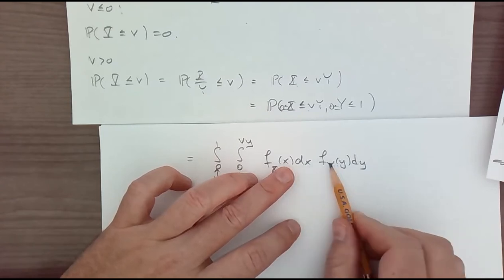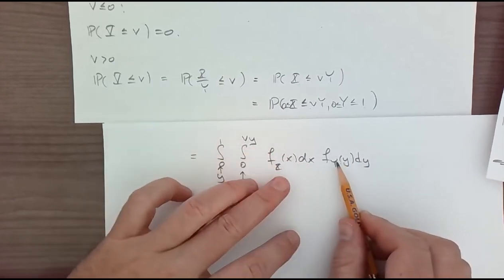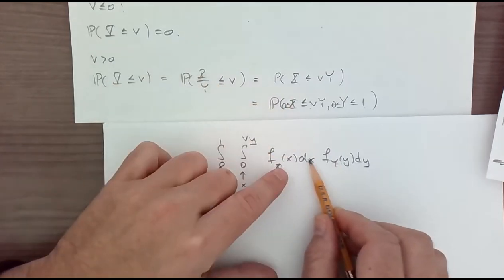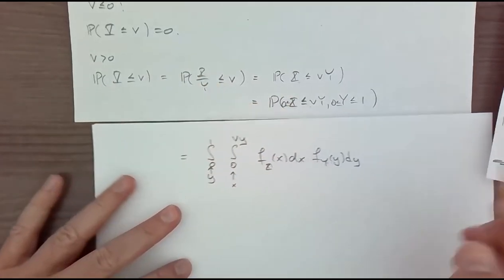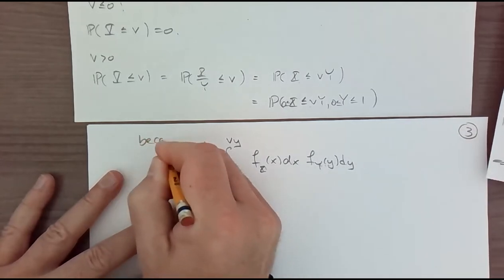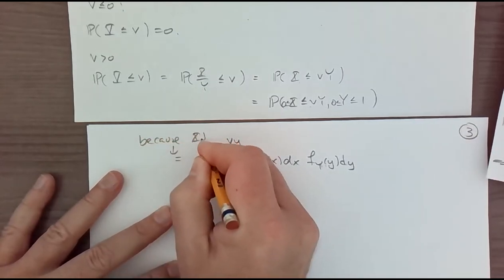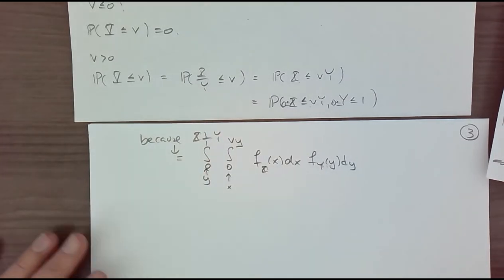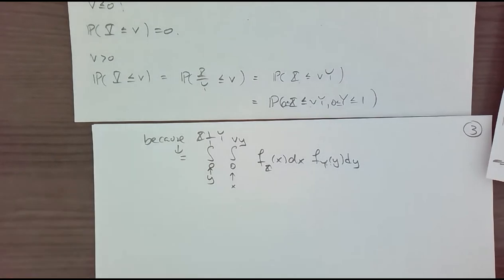Had it not been the product, I couldn't just separate them out like this. I would have to keep f of X next to f of Y, because I cannot just stick this dx in the middle. So here we're really using independence, because X is independent of Y.